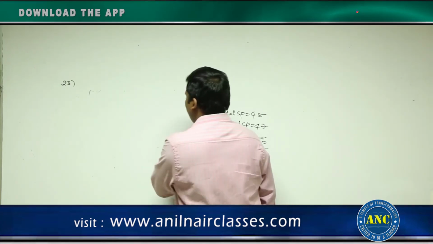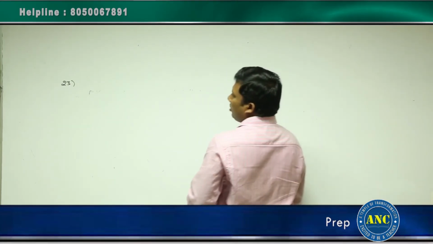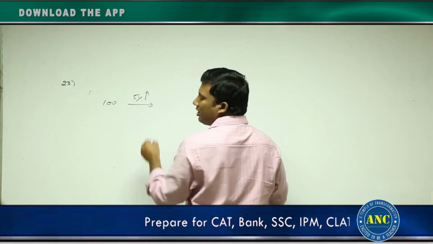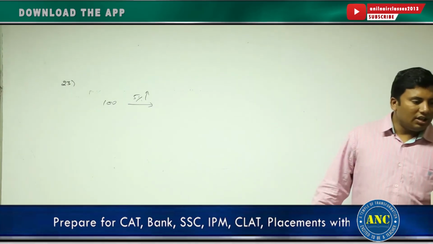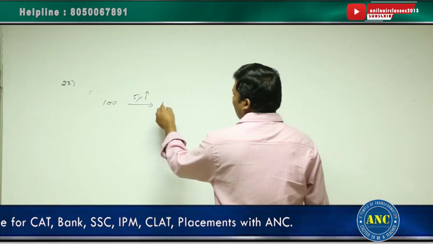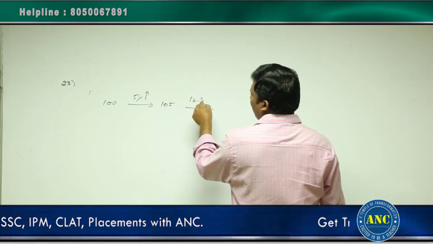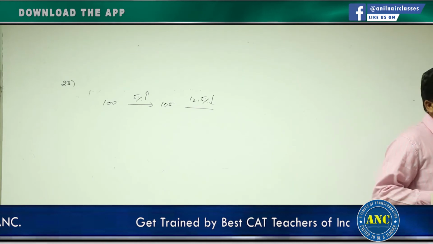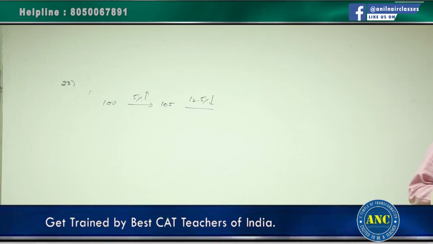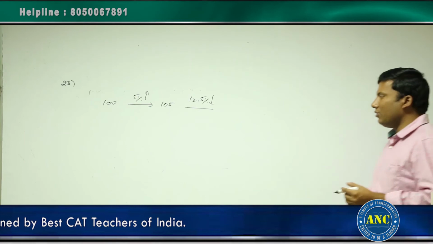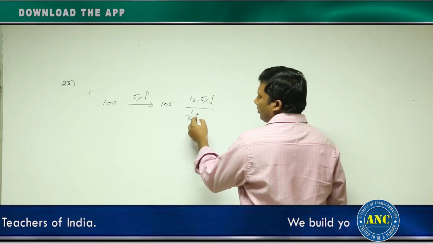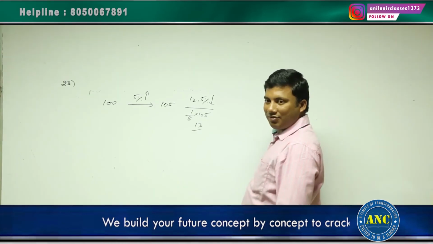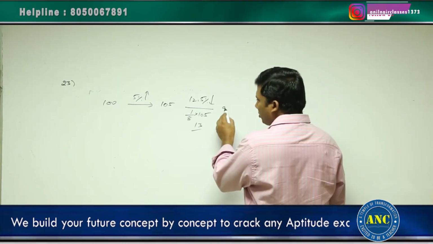Now, see here, suppose if I do it with 100, suppose first any two values take. A 5% increase is 1 by 20, 105. Then 12.5% is 1 by 8. What is 1 by 8 of 105? This is close to 13. 8 13s are 104, right?